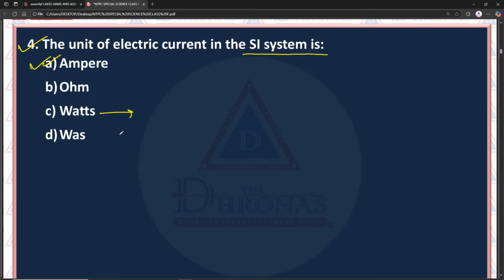Now, watt किसका unit है? Whose unit is watt?